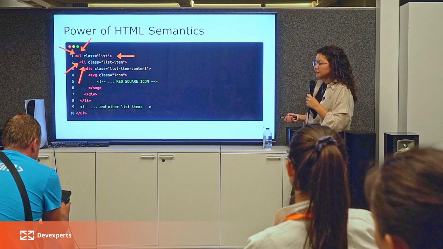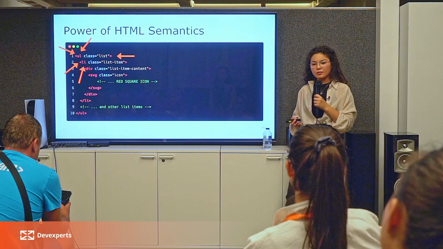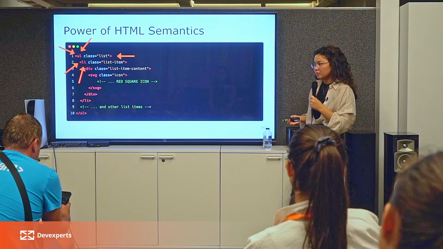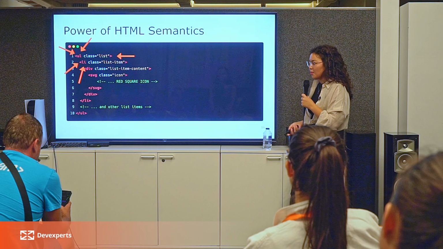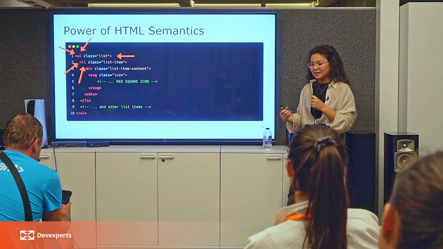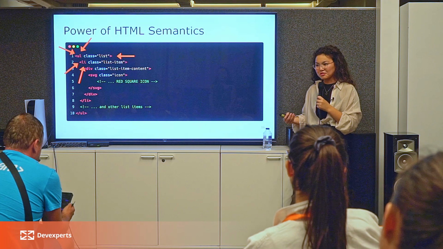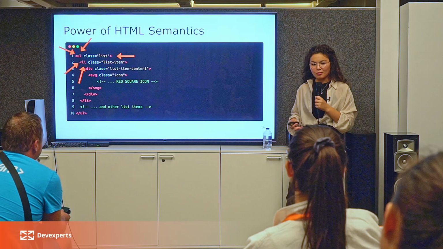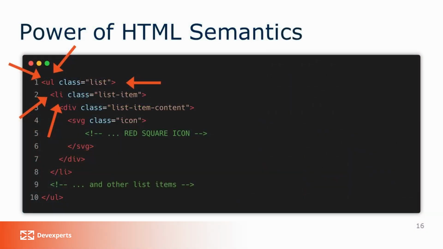For a sighted user, our UI can look the same, right? But for assistive technologies, it's like trying to translate a language without grammar or punctuation. It's just terrible. So let's see how this simple replacement will affect our experience.